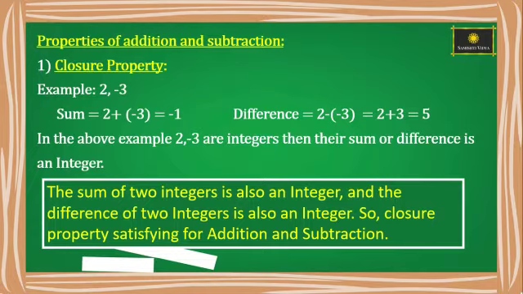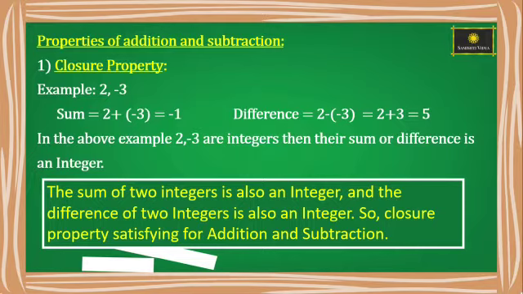In general, if a and b are any two integers, then a minus b is also an integer. This is called the closure property of subtraction. Integers are closed under subtraction. The sum of two integers is also an integer and the difference of two integers is also an integer. So closure property is satisfied for addition and subtraction.